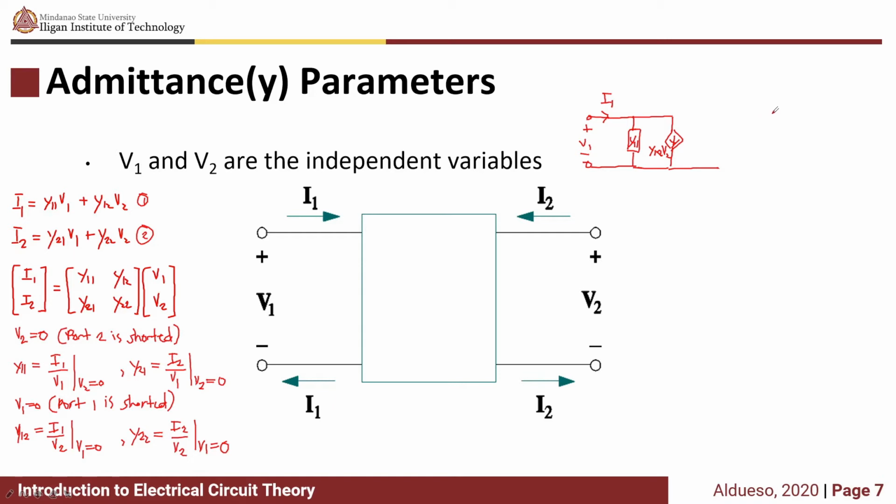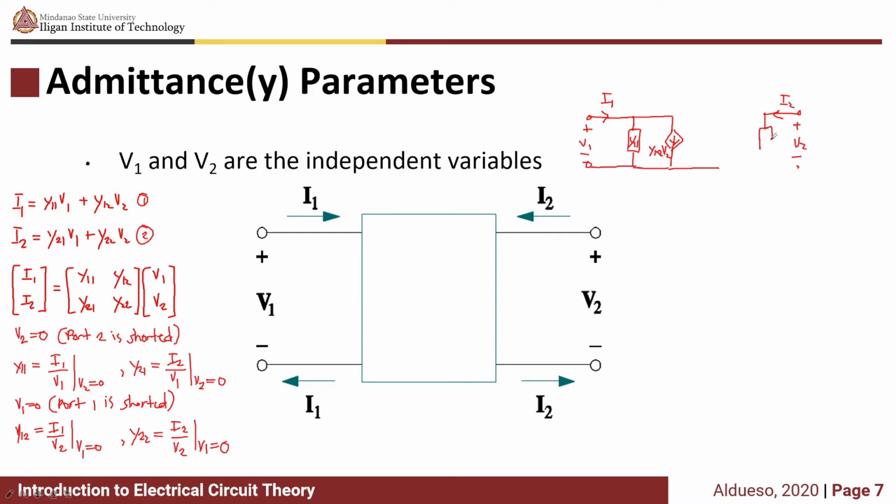Now for I2, this is I2 at port 2. I2 is equal to y21 times v1 plus y22 times v2.